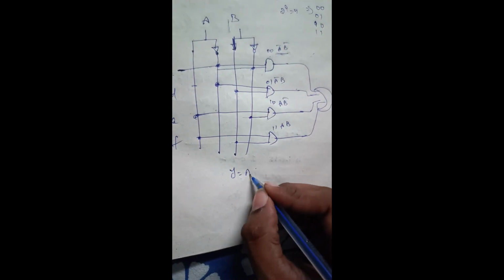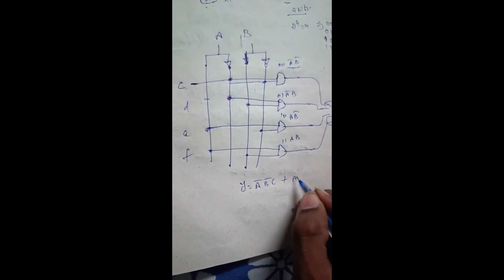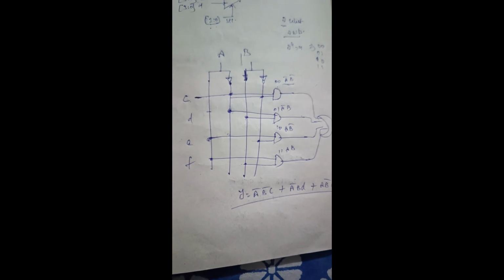So first A bar, B bar, C, plus A bar, B, D, and for E, A, B bar, E, and plus F, A, B. Correct. This is the logical expression for the 4:1 mux. This way the 4:1 mux works, and let us see how to make the Verilog code for this 4:1 multiplexer.